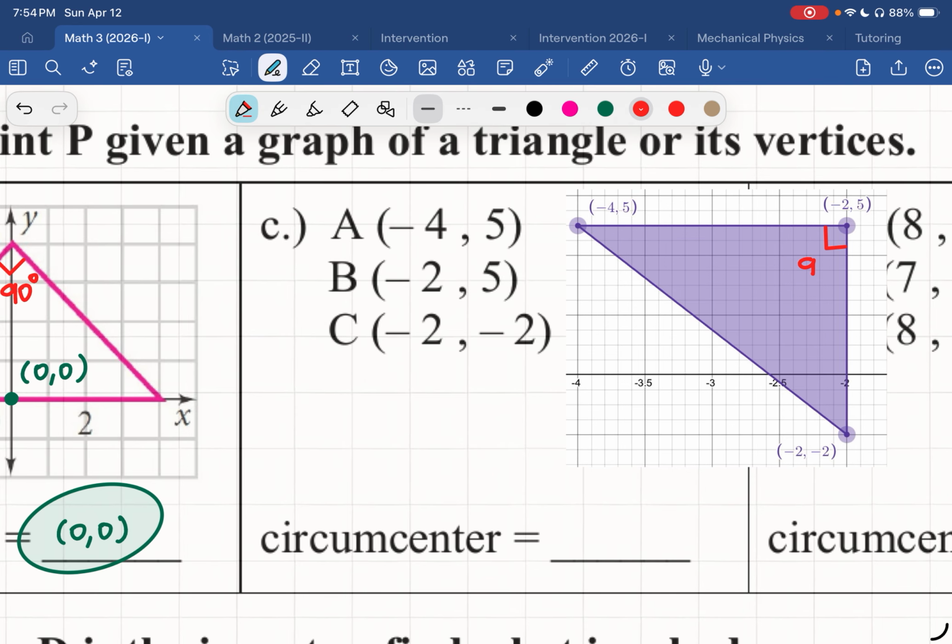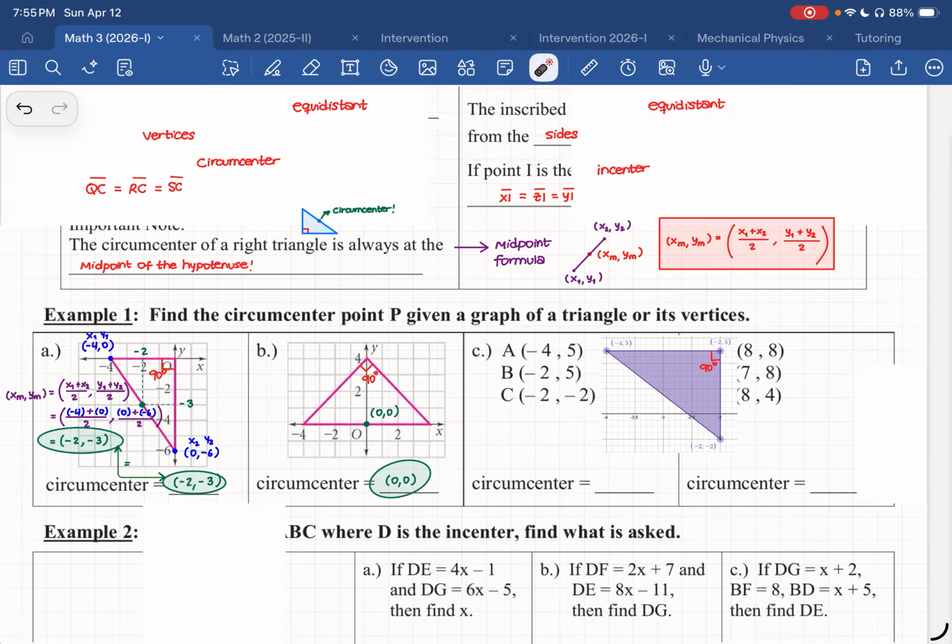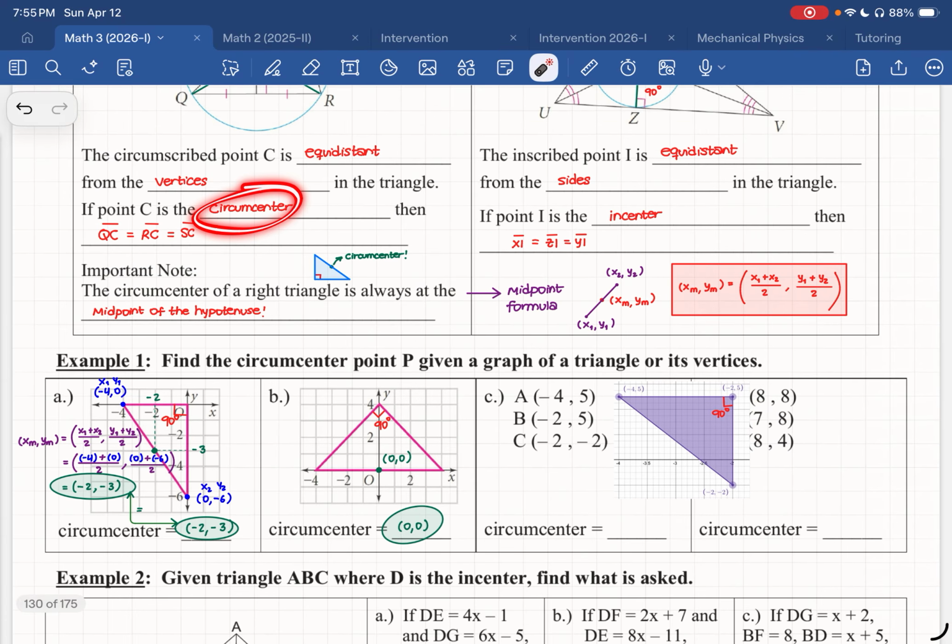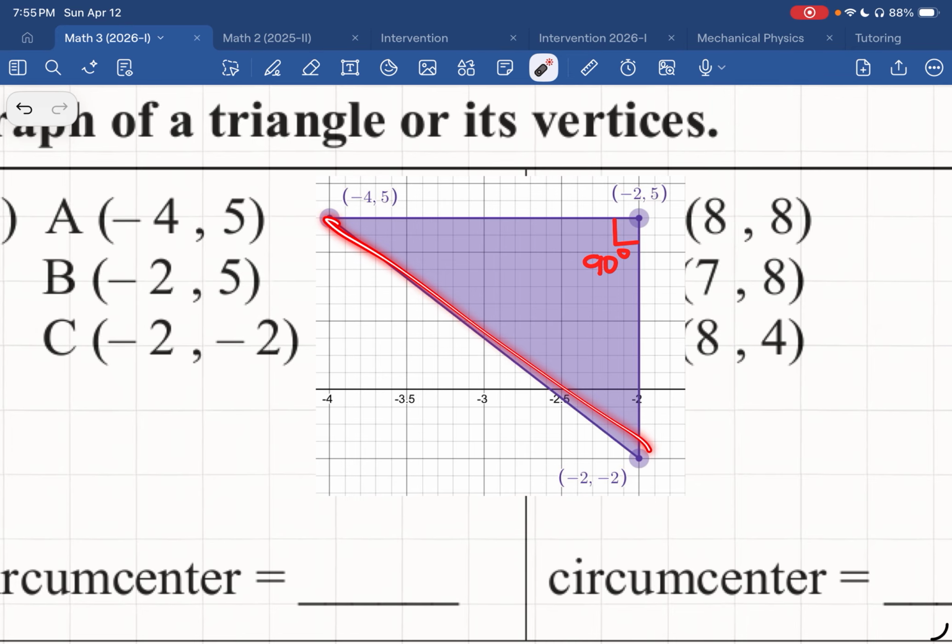Because we have a 90 degrees angle here, right? So it means that the hypotenuse is this one. And as I told you, whenever we're finding the circumcenter of a right triangle, it is always the midpoint of the hypotenuse. So if this is the hypotenuse, the midpoint should be probably somewhere over here, right?